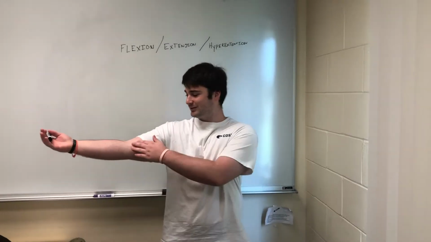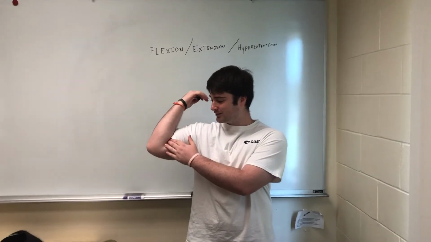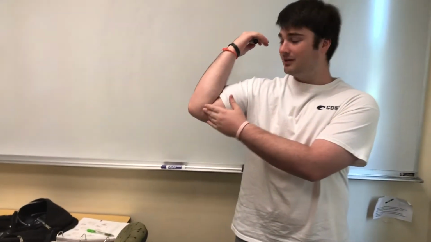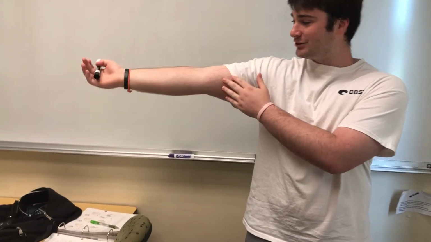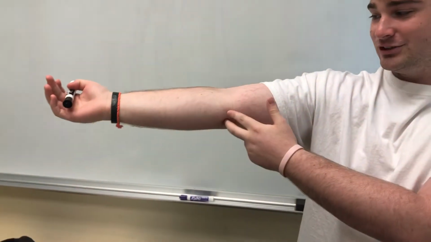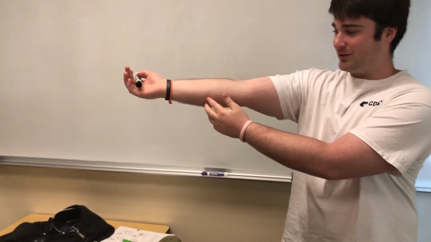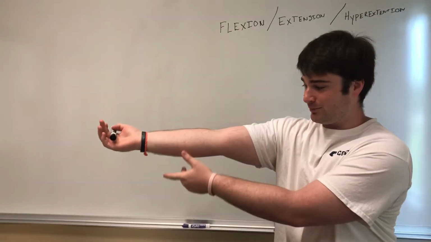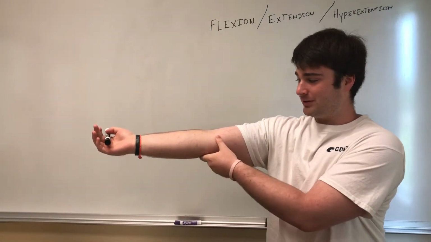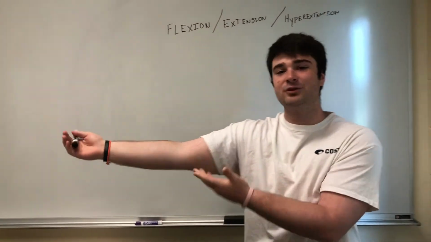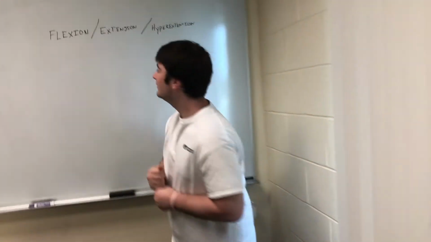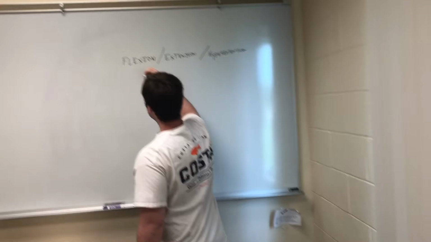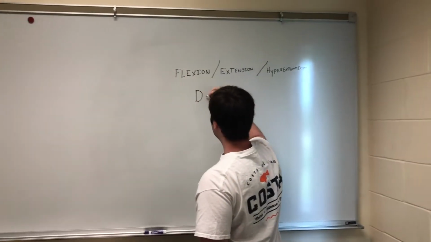Flexion is when you decrease the angle at the joint. The next one is extension, which increases the angle at the joint. And hyperextension would be this arm going past the angle, which would be devastating and most likely a sports injury. The next one we have is dorsiflexion and plantar flexion.